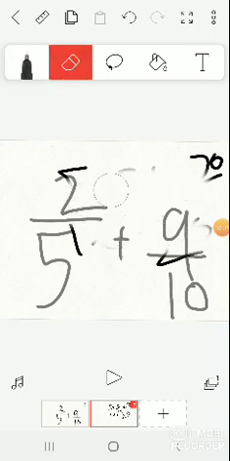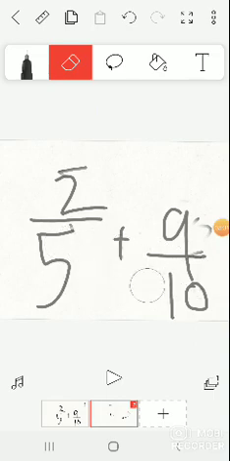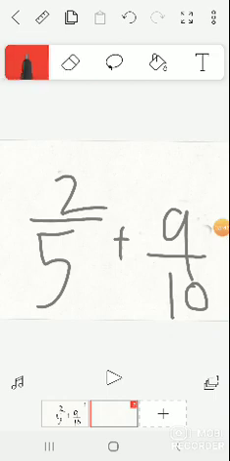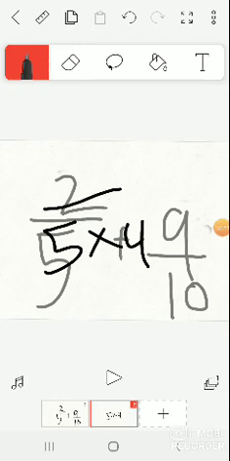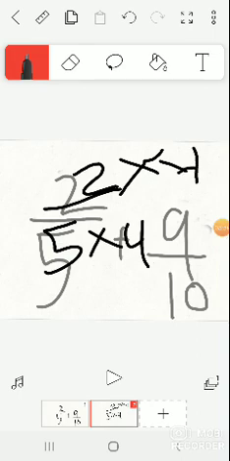So that is our main denominator. The 2 on 5 is going to be put on 20 by multiplying by 4, like anything else you would do. So we're going to be doing 5 times 4, and then we're also going to be doing 2 times 4.